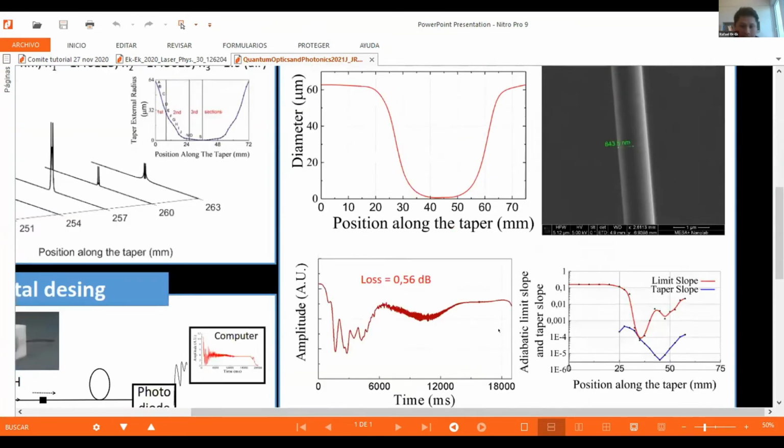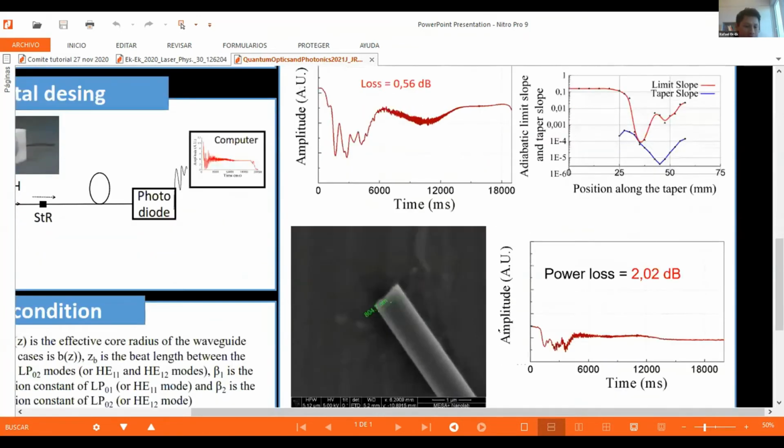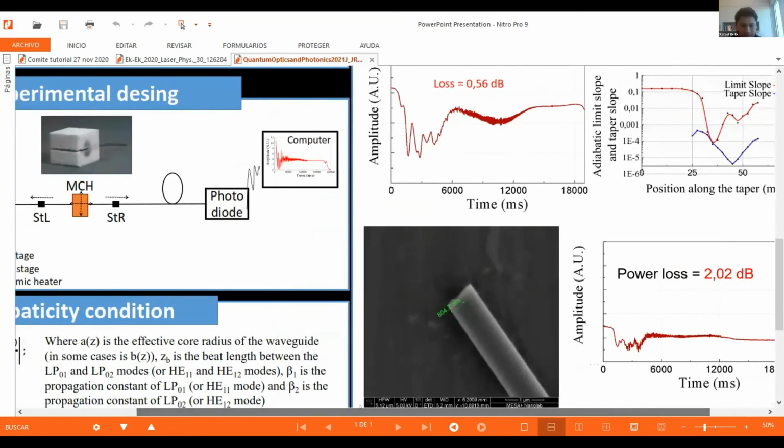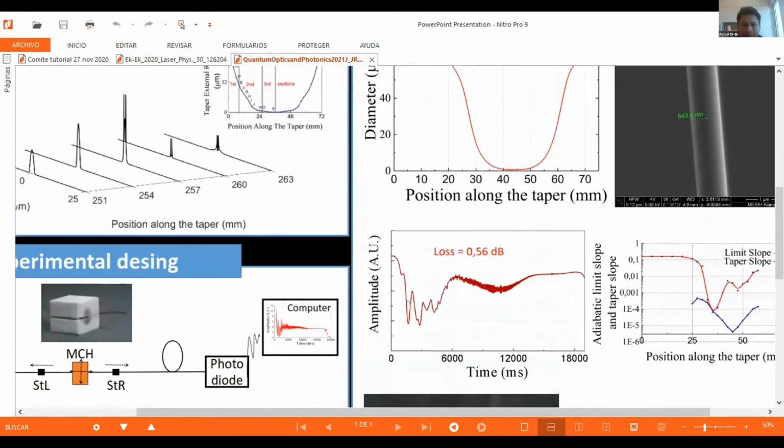We have other results that I couldn't put in this poster, but we also reached diameters around 200 nanometers and long tapers around 6 centimeters long or longer, which means that we have adiabatic tapering.